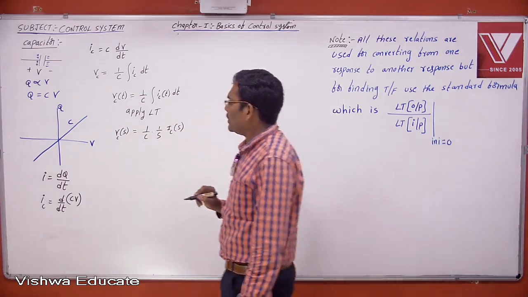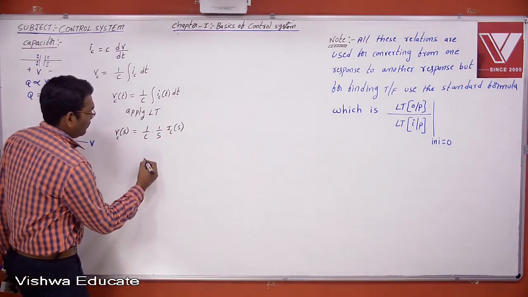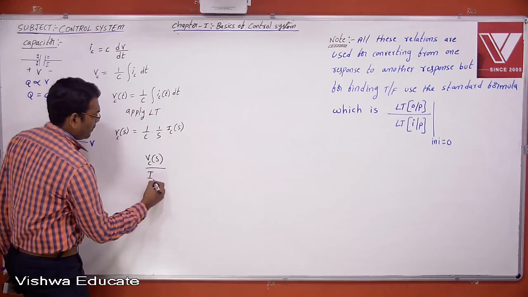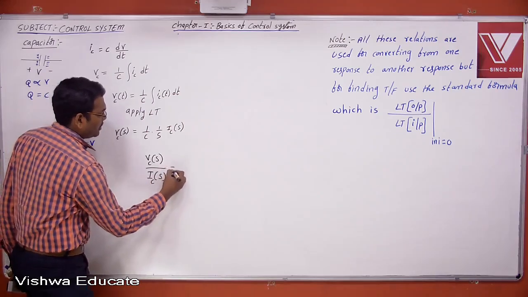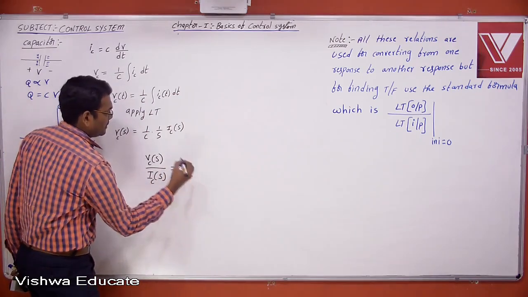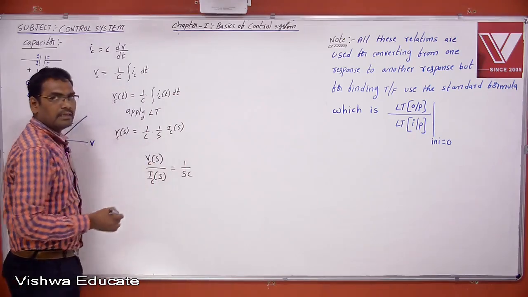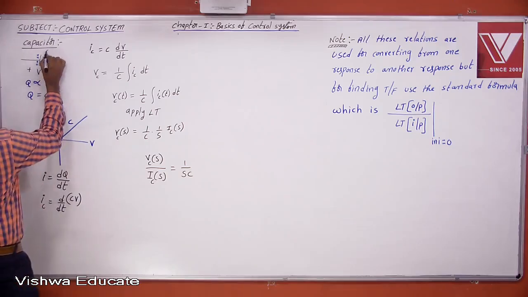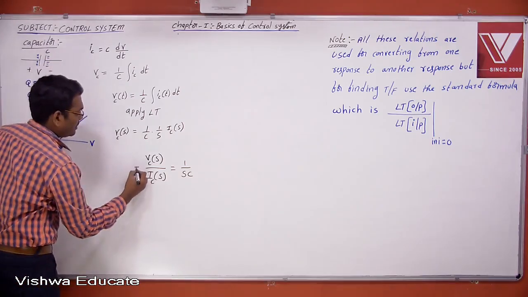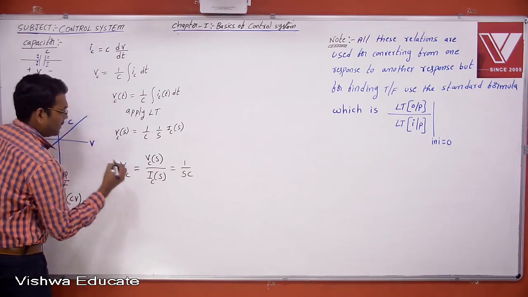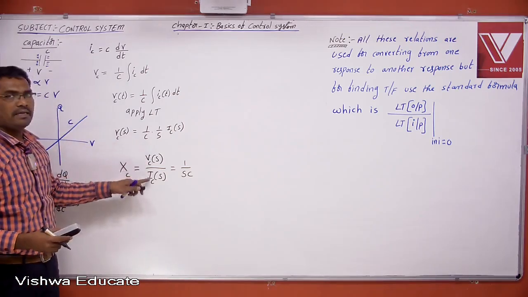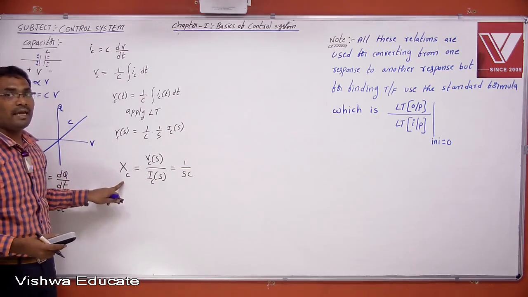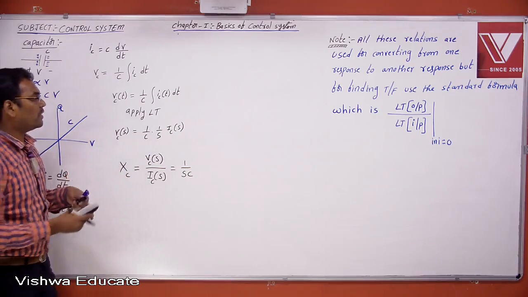Therefore V of s by I of s equals 1 by sC. Now V by I is nothing but the resistance. The resistance offered by this capacitor is the capacitive reactance, which is 1 by sC.